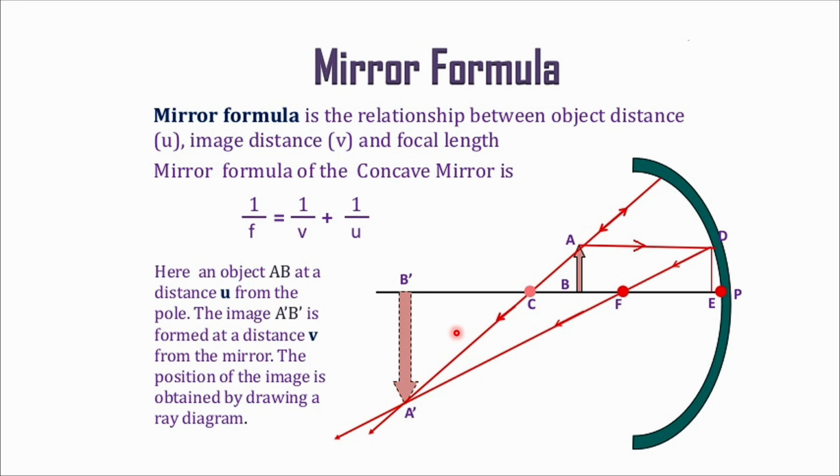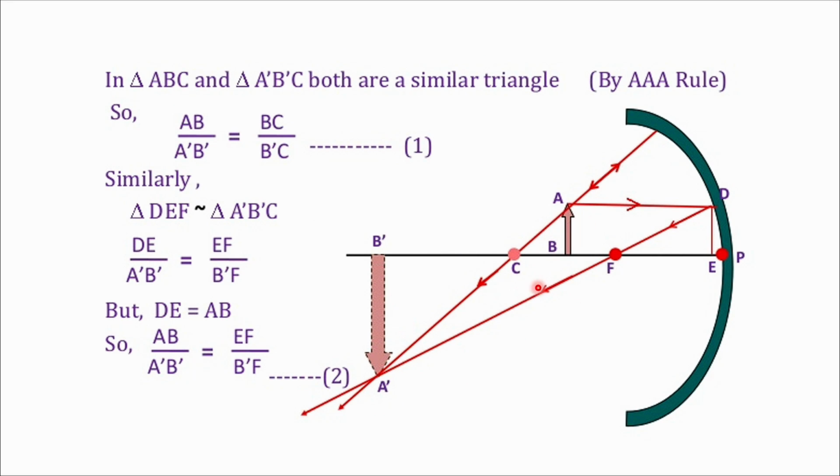The position of the image is obtained at A dash B dash. So let us observe how to derive this equation. I will explain step by step. I will take the two triangles. Just observe here, I will take the highlighter: ABC, this one.